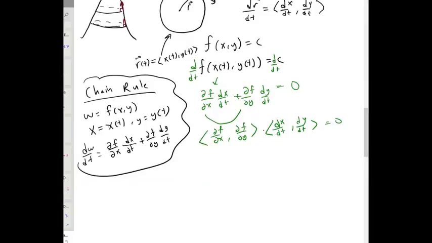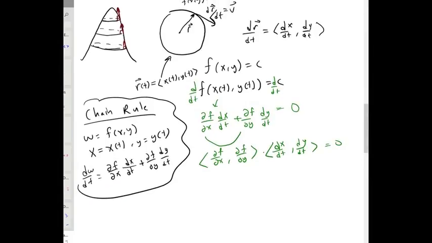So dot product equals 0 when the two vectors are normal to each other or orthogonal, or perpendicular. These mean the same thing. So if it's perpendicular to the tangent vector, then it must be normal to the curve itself. Perpendicular to the curve. So that's all I want to say about these.